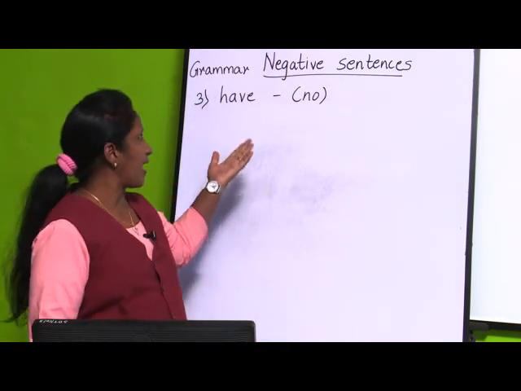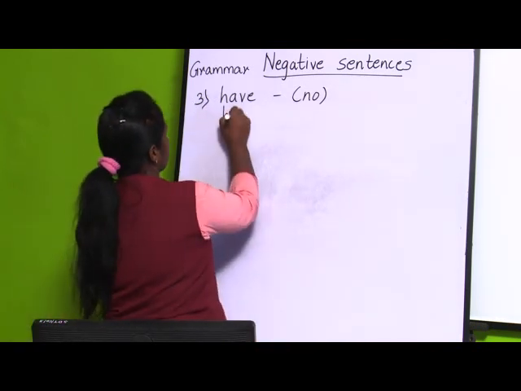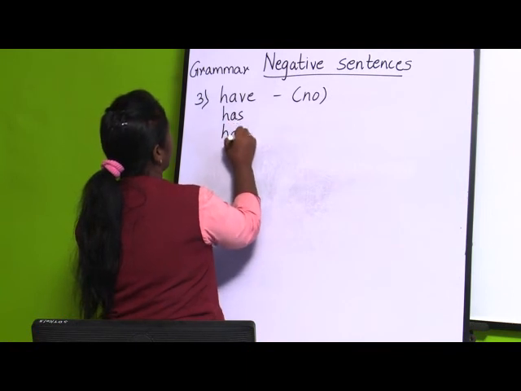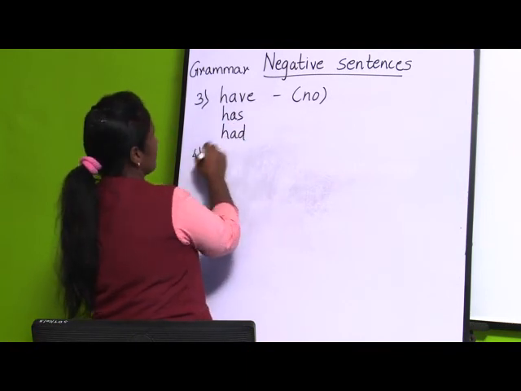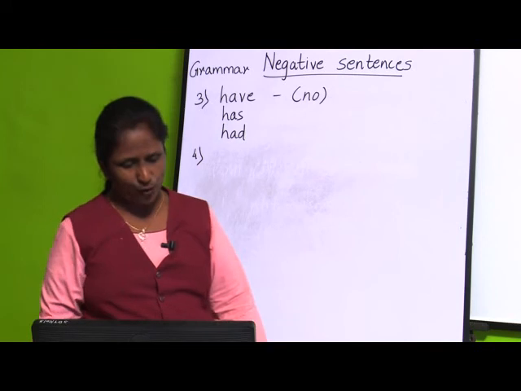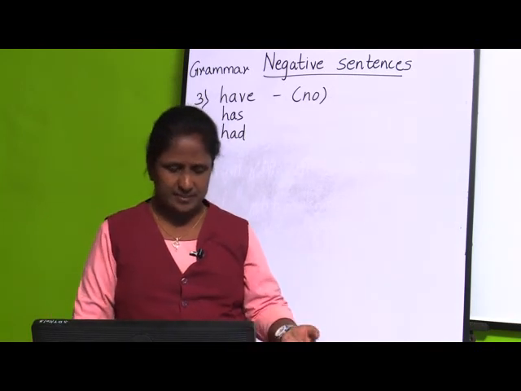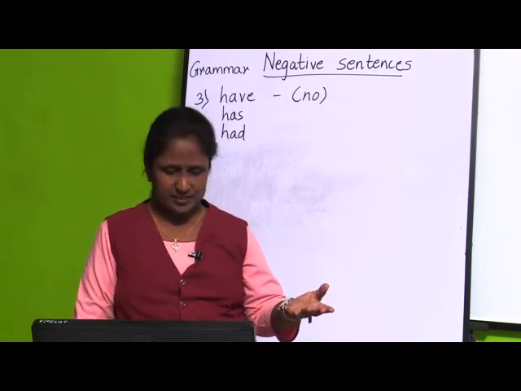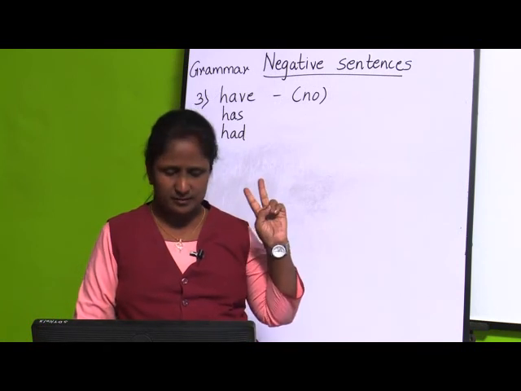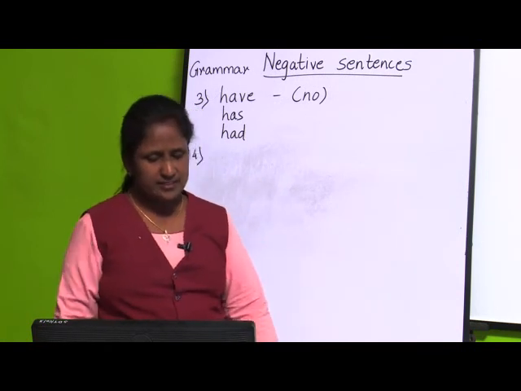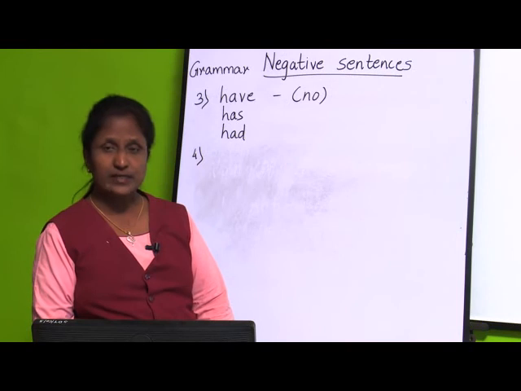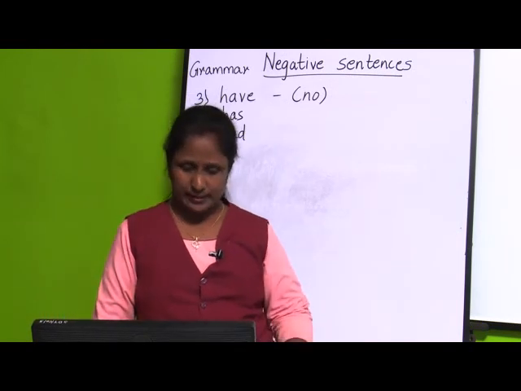Means if you are using have, has or had, we use the negative word no. I have no pencil, she has no pencil, or they had no pencil. So this is one case. These are the three rules. These sentences can also be written with the help of does not, do not, or did not.